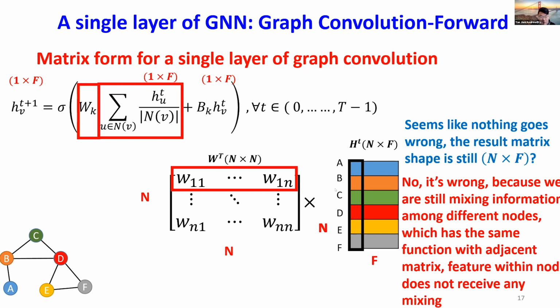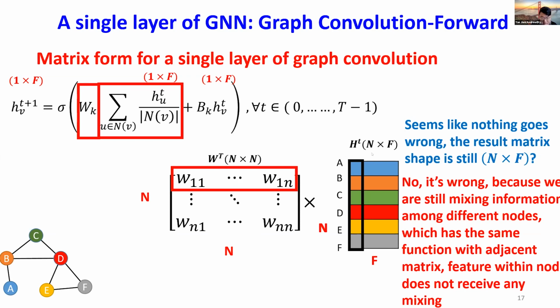If we look into the details of the matrix multiplication, you multiply each row of this matrix with the columns of the node feature matrix. This way of operation is mixing the information among the different nodes, and it is very similar to what the adjacency matrix does. So this will make the weight matrix become a little bit redundant.